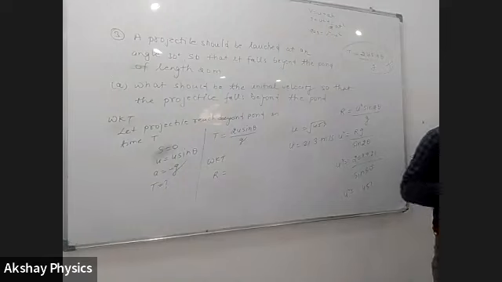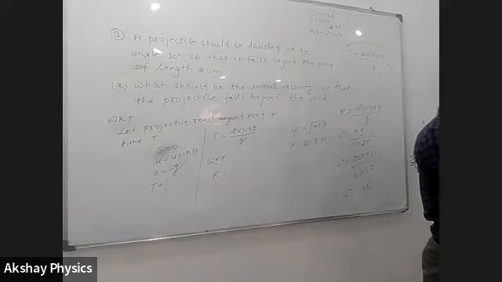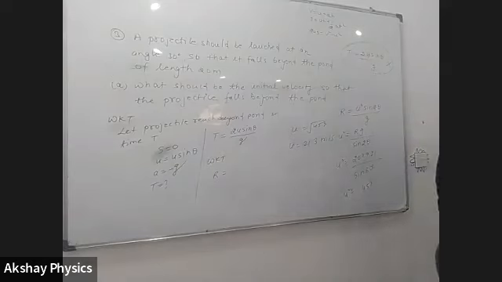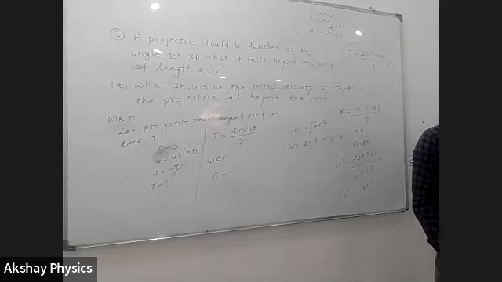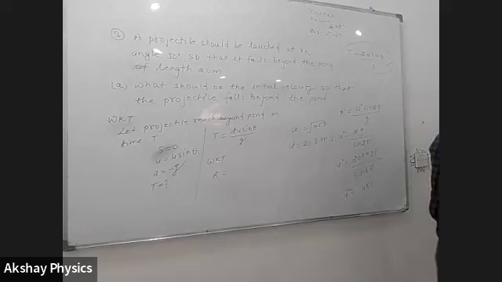Whenever you are evaluating a vertical quantity, like time of flight, which is decided by the vertical, we will use the vertical velocity, u sin theta. If we are evaluating the horizontal range, then we will take the horizontal velocity, that is u cos theta. So whenever you evaluate a vertical quantity, you use the vertical component, and for a horizontal quantity, the horizontal component.